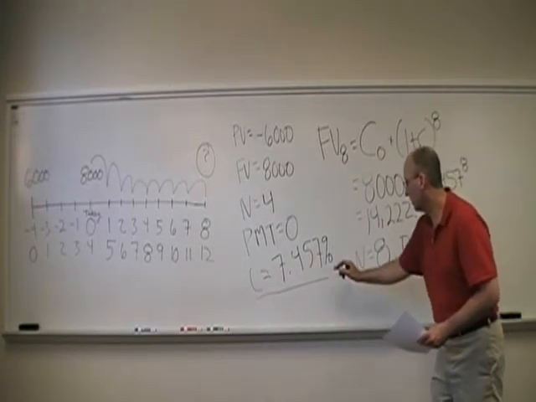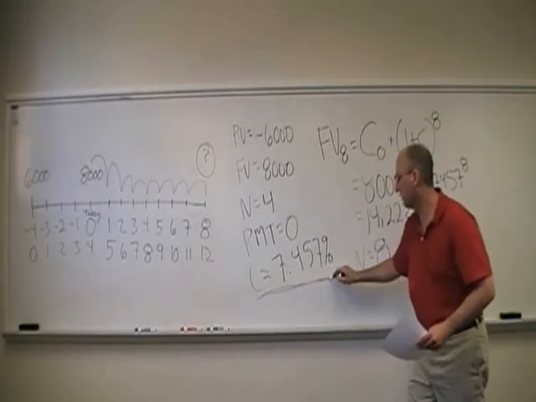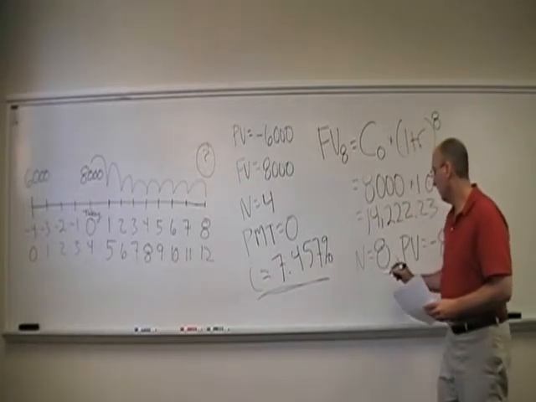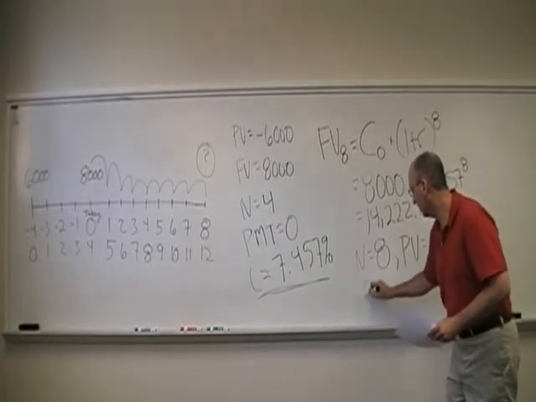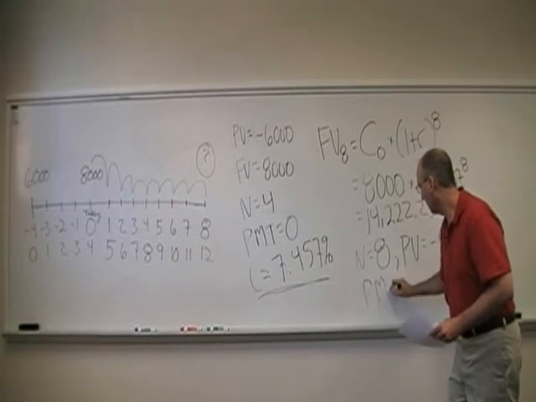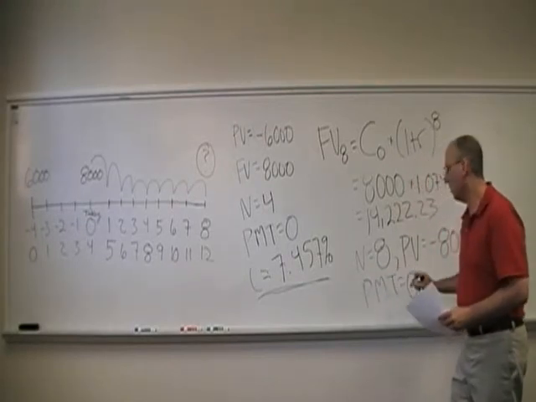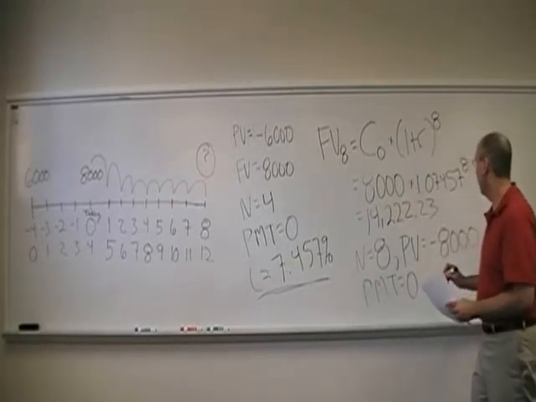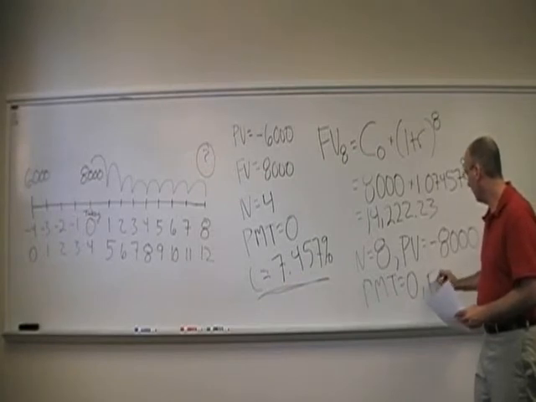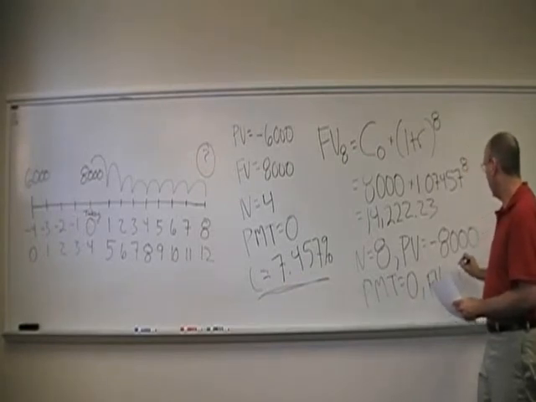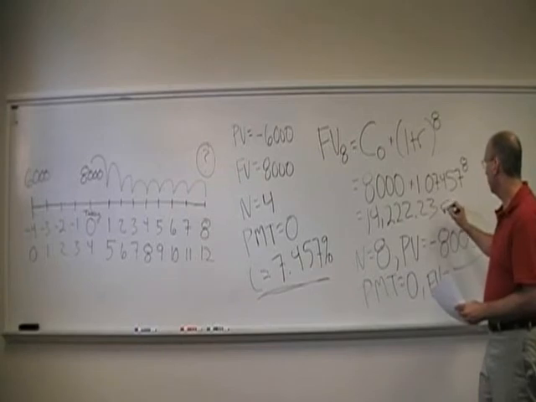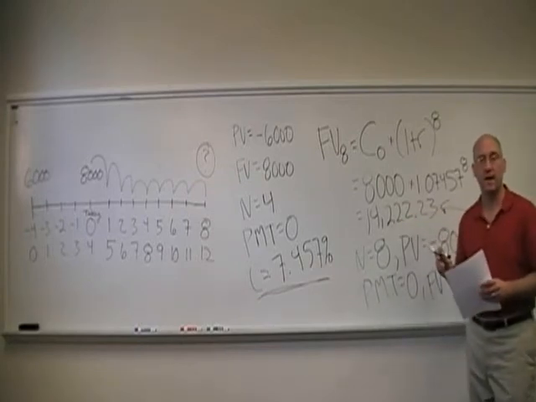The interest rate is equal to 7.457%. Payment is equal to 0. And you solve for FV, and you'll get something very, very close to that.